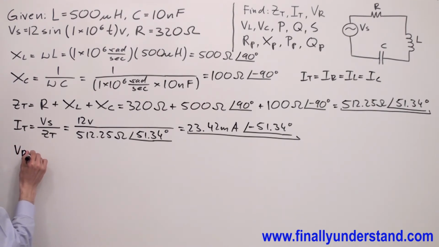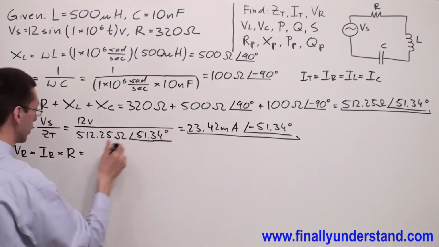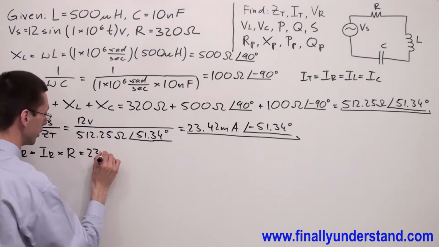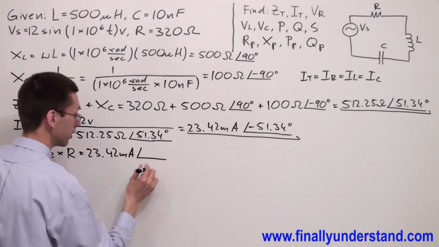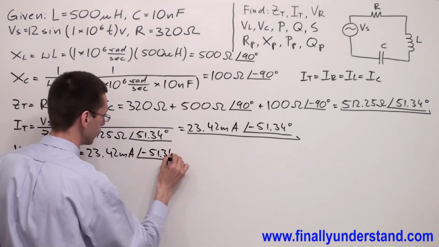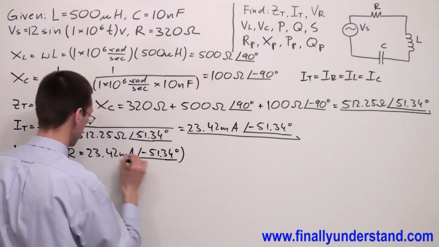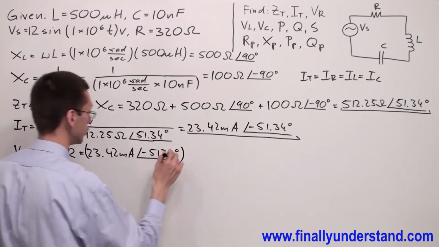VR is equal to IR times resistance, where IR, we said, is equal to 23.42 milliamps and angle of negative 51.34 degrees, times resistance, which is equal to 320 ohms.